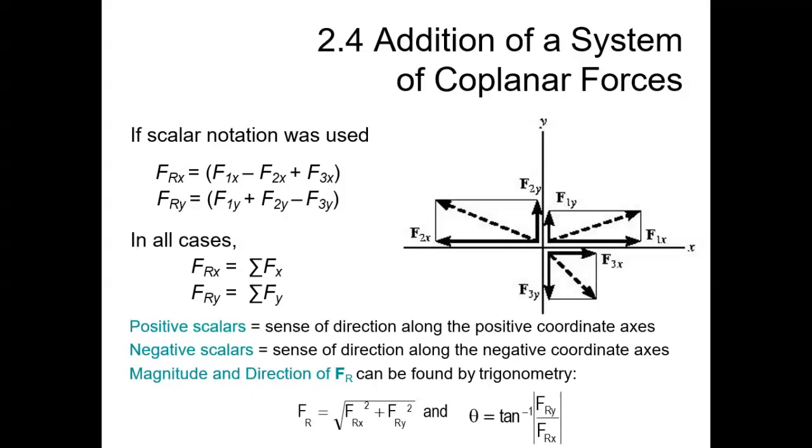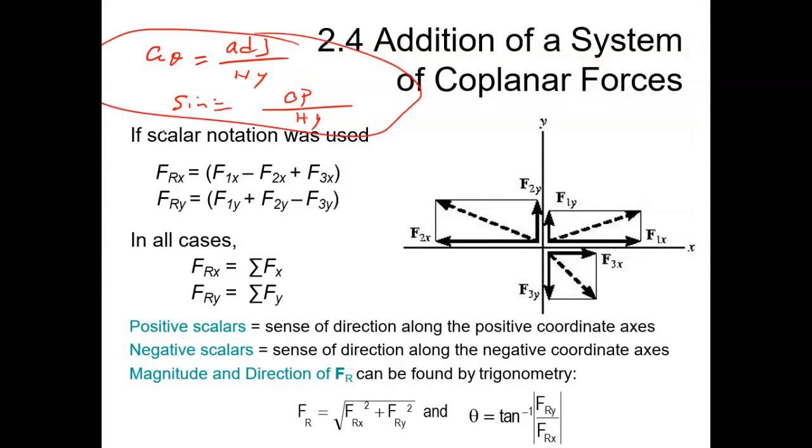So that uses the simple trigonometric equations: cosine of an angle is adjacent divided by hypotenuse, and sine of an angle is opposite divided by hypotenuse, right? So these two equations, we will be using them very frequently.